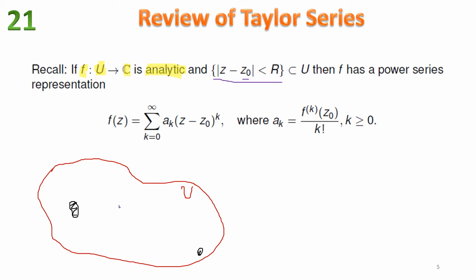Let us suppose that this is a point z0, and around this point we consider a circle of radius r. And this circle or disk of radius r is entirely contained in U.